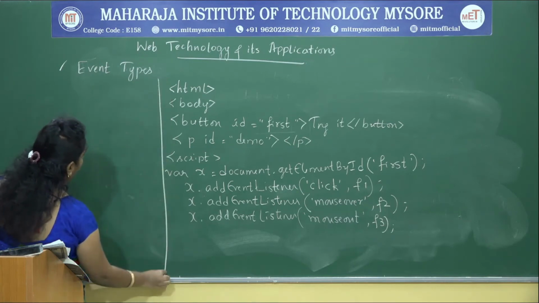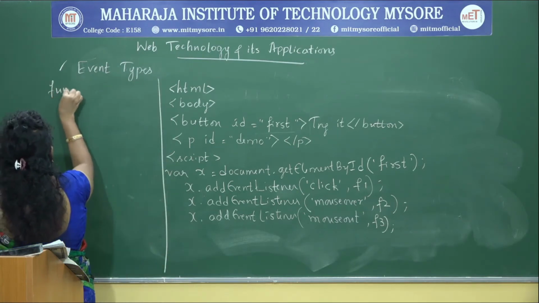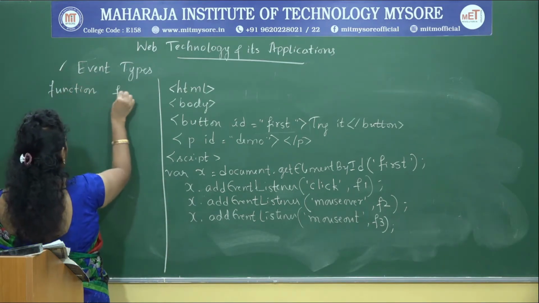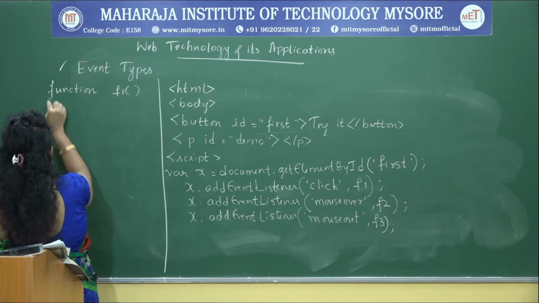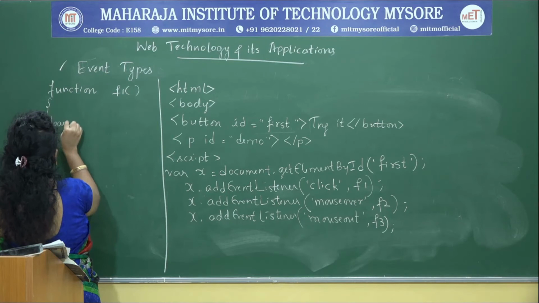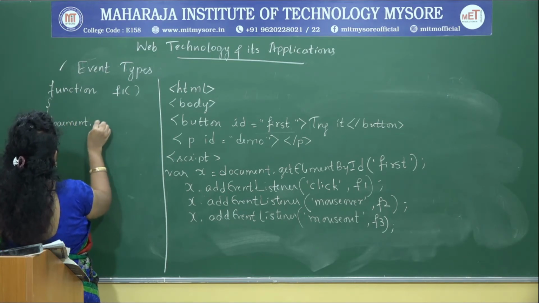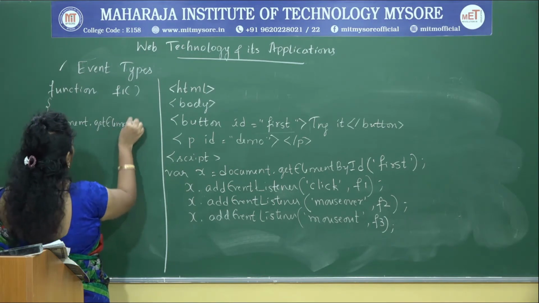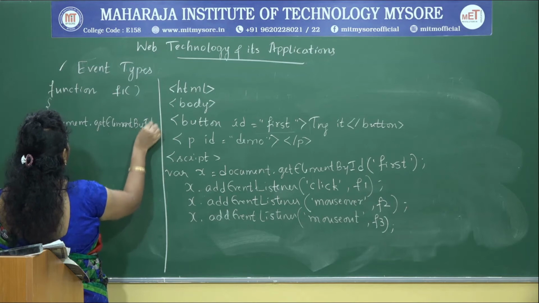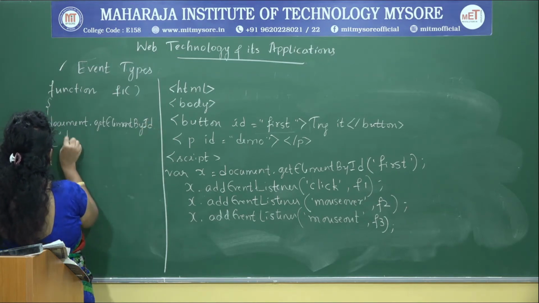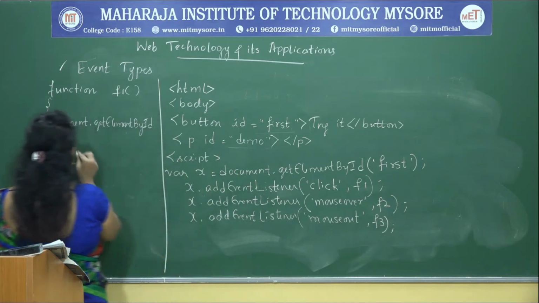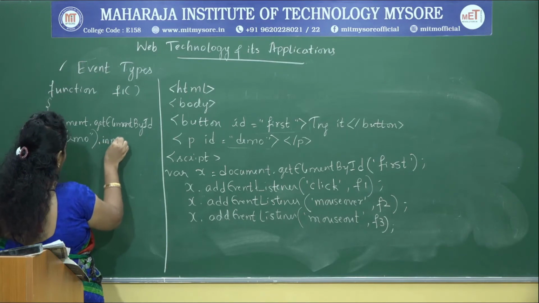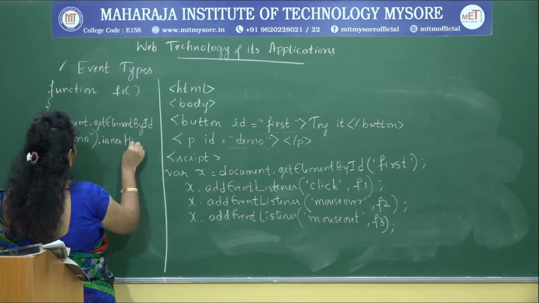Here I am going to write how to begin. function is the keyword to define a function. What is the function name? 1. So what I have to do? document.getElementById. Inside that I am passing this ID, which is demo. To that I am setting the innerHTML.